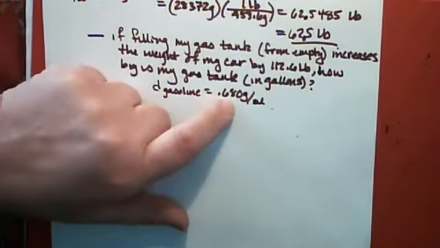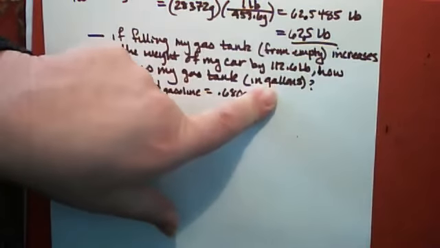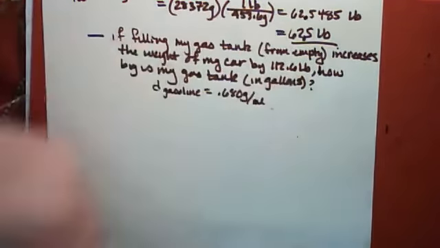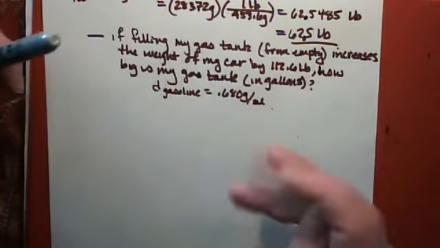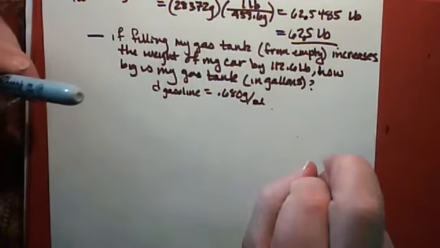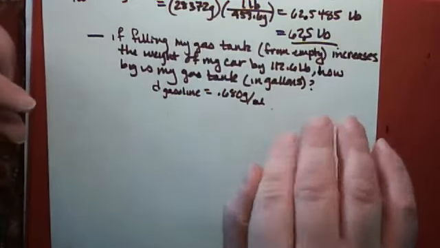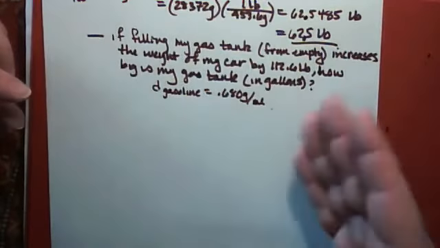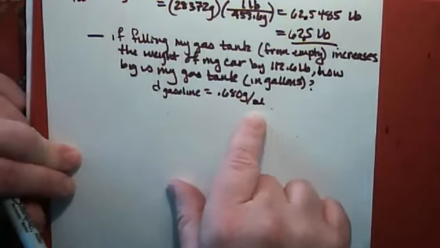And of course, the obvious problem is that I'm asking for the size of the tank in gallons, and the mass of the car is given in pounds. So we have to rectify the units, make the units compatible with one another. Generally, it's easier to change linear units than it is to change compound units like grams per milliliter.